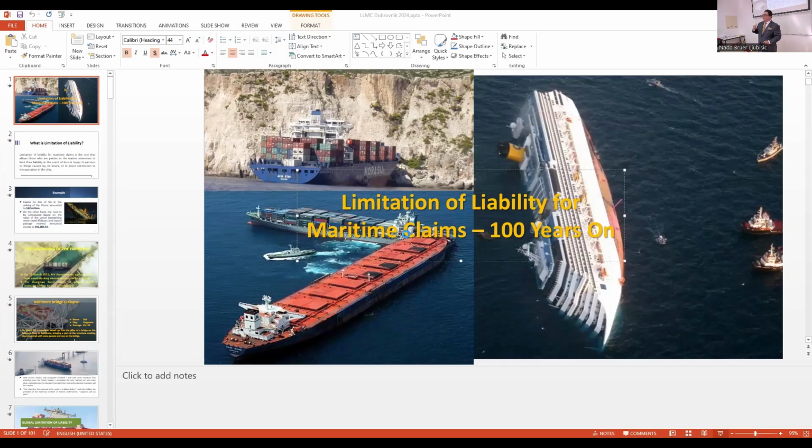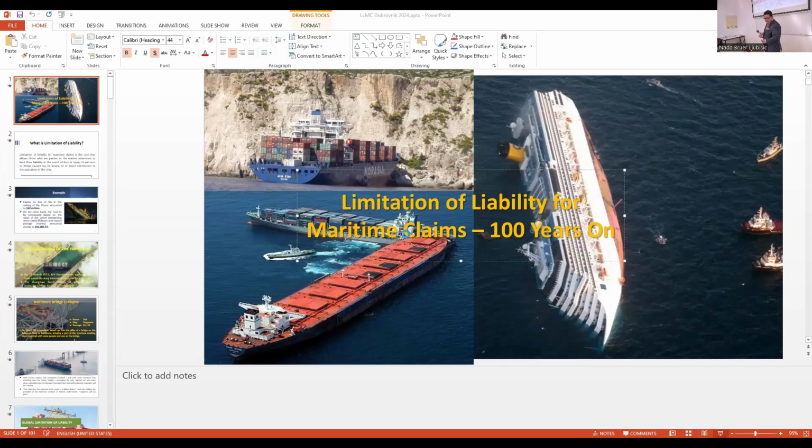But I just wanted to point out here that it is the same test used in most liability conventions nowadays, with small variations. LLMC speaks of a person liable, Athens speaks of the carrier, CLC speaks of the owner. LLMC speaks of the loss, here it speaks of the damage, here it speaks of pollution damage. So subject to these small things, it is the same test. And what is the test?